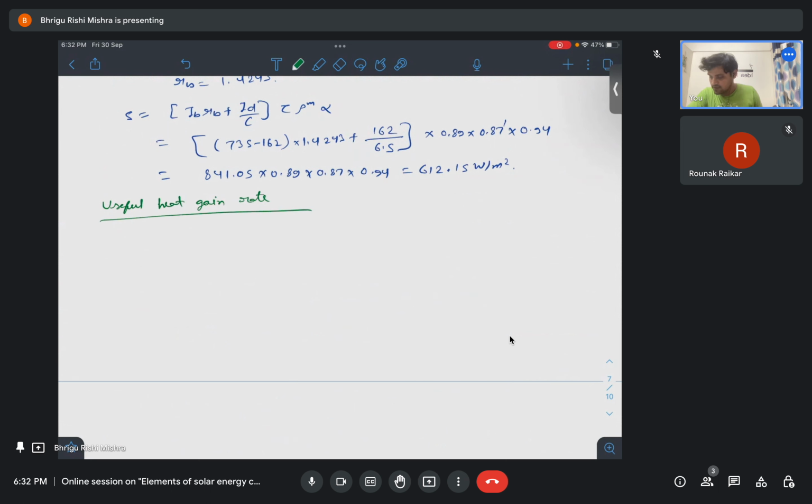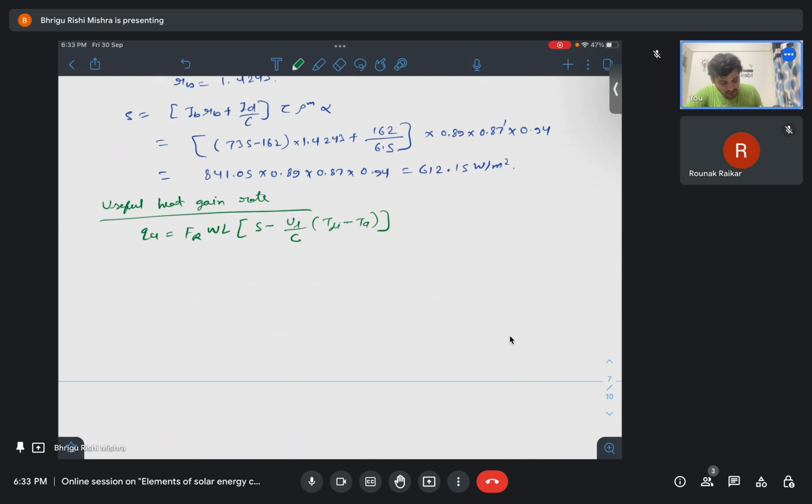So the useful heat gain rate QU is given as FR W L into S minus UL by C into TFI minus TA, okay. So first we need to calculate FR, the heat removal factor, and to calculate FR we also require the F dash value.